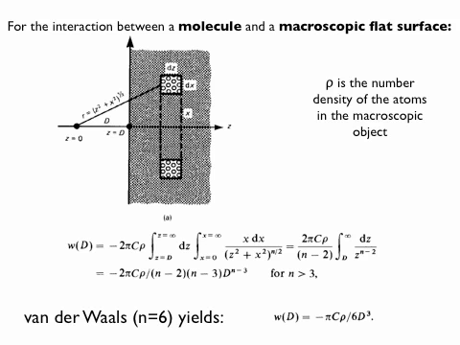And if you do the math of that, you'll end up with an expression that gives you the interaction as a function of the distance between the two objects. What you'll see is that it's slightly more complex than this n to the power 6. So you'll have n minus 2, n minus 3 times d to the power n minus 3 for n larger than 3.